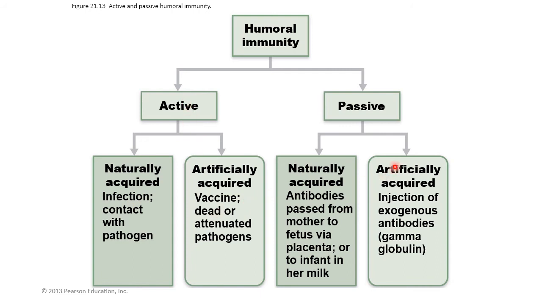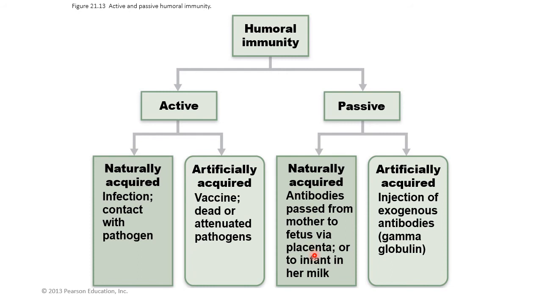Now, passive is a little bit different because you're not provoking the immune cells to produce the antibodies. You're getting the antibodies through injection, or you're getting the antibodies naturally through your mother. A baby developing inside the mother, or getting breast milk, which contains antibodies, gets naturally acquired antibodies that the mother is producing.